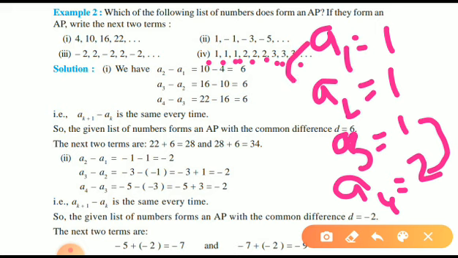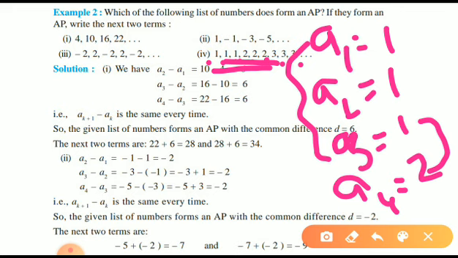If you are considering only those 3 terms, I will get the same difference. But see, there is a change in the fourth term. So a better way is to find A4 minus A3 in all cases, so that it will be clear whether it is in AP or not.